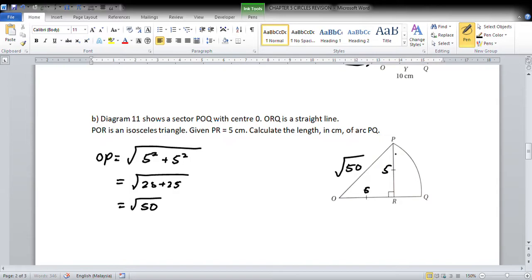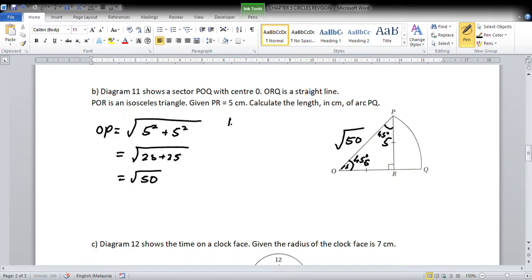Next, to calculate the length of arc PQ, other than the radius, one piece of information you need is the angle at the center. Since this is an isosceles triangle and here is already 90, here will be 45 and here will be 45 degree. That means the angle at the center is 45 degree.